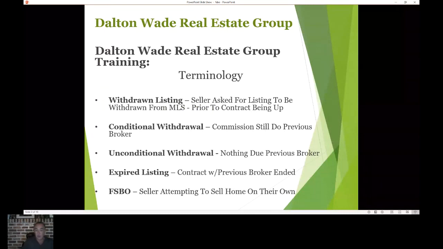All right, so let's do a little terminology, make sure we understand everything. A withdrawn listing: the seller asks for the listing to be withdrawn from the MLS prior to the contract being up. So they're still under contract, still have a listing agreement, but the seller and the listing brokerage have agreed to withdraw that listing. There are two types of withdrawn listings.